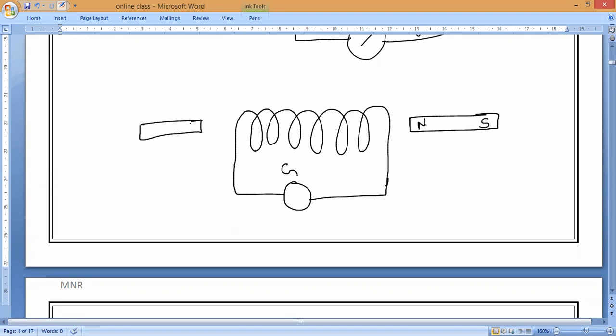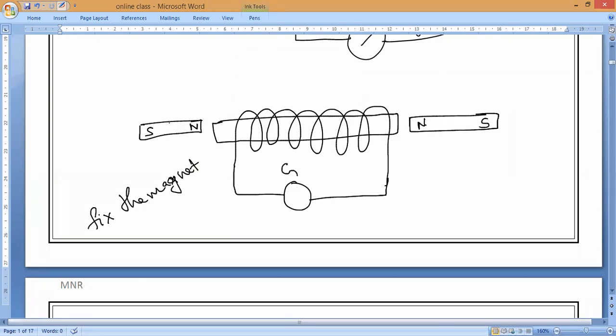Wherever you are moving the bar magnet, either North Pole or South Pole, inside the solenoid to induce the current, there are two ways. Either we can fix the magnet and move the solenoid, or we can fix the solenoid and move the magnet.